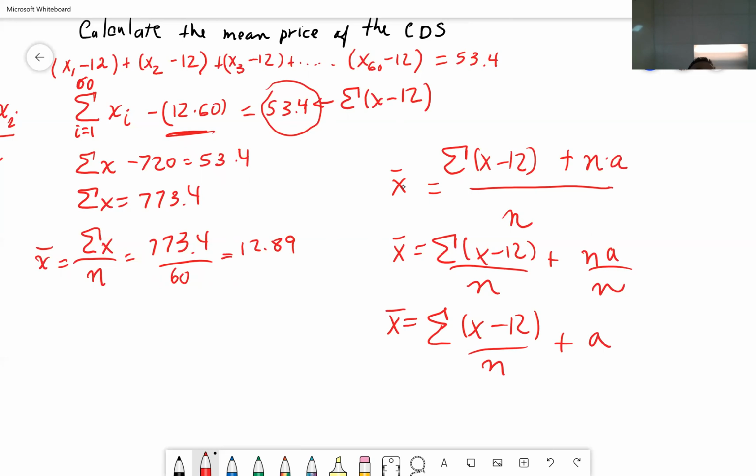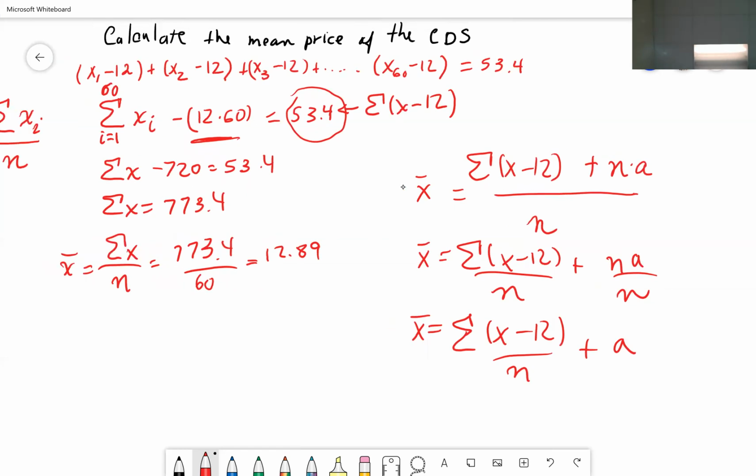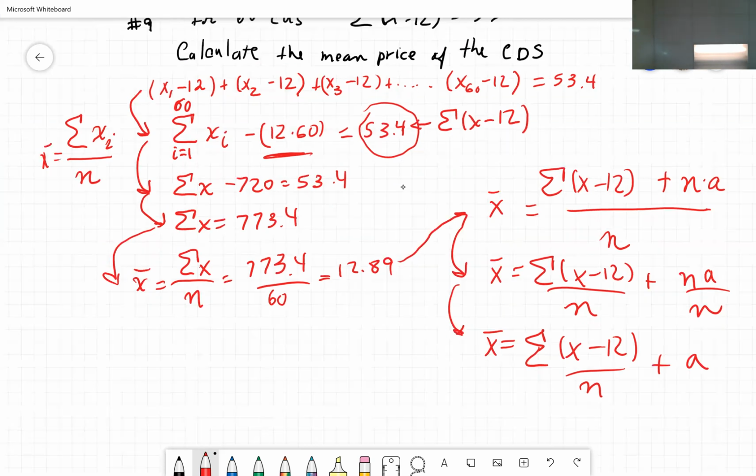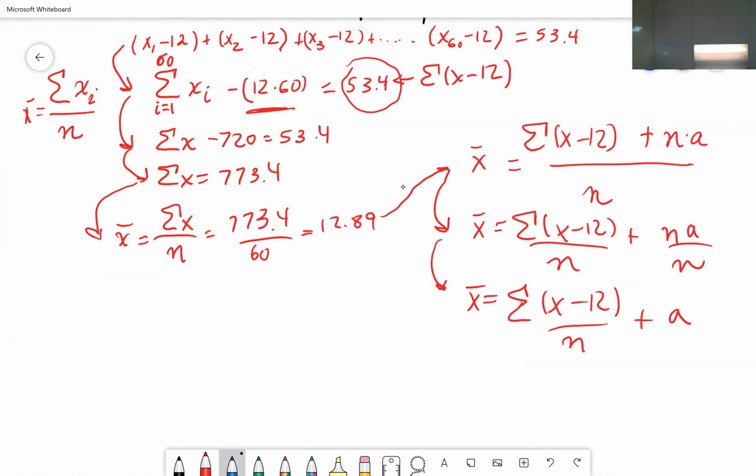That's what we did. So let me just make some arrows here. What did we do? We essentially just took 53.4 divided by 60 plus 12.